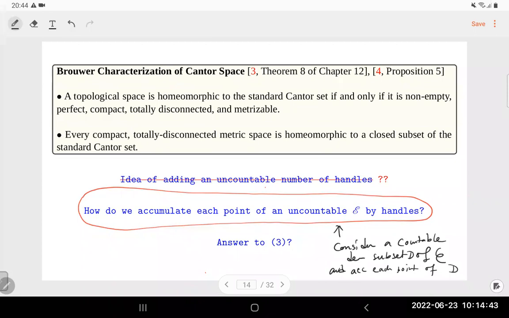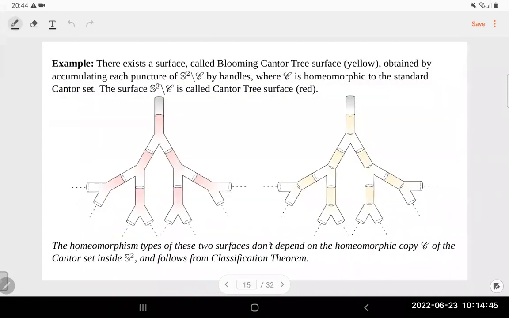Well, so let us illustrate this idea. Okay, so here is a picture. This is the inductive procedure of constructing S2 minus Cantor set.